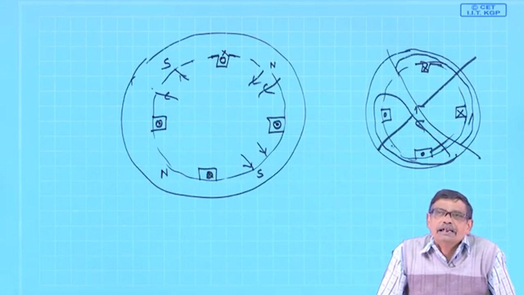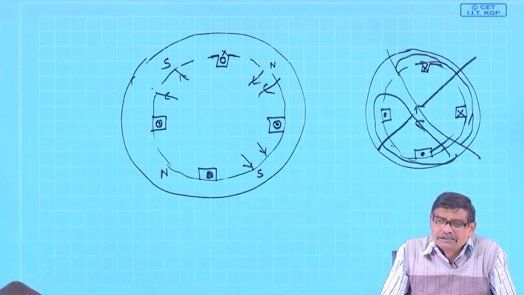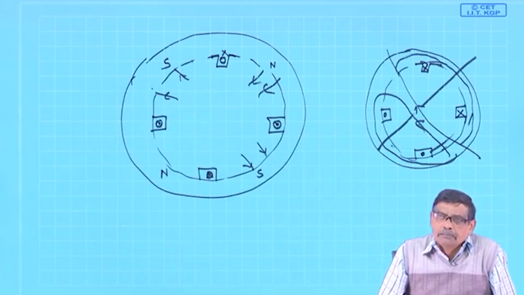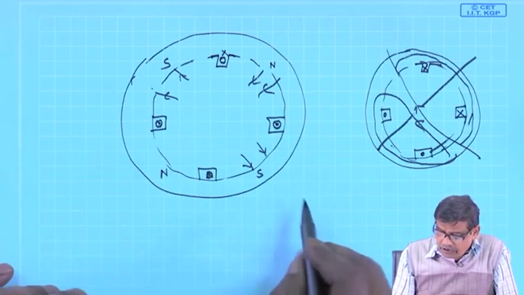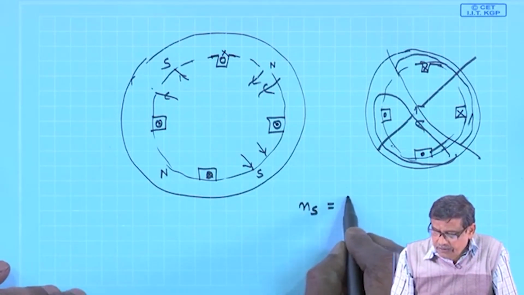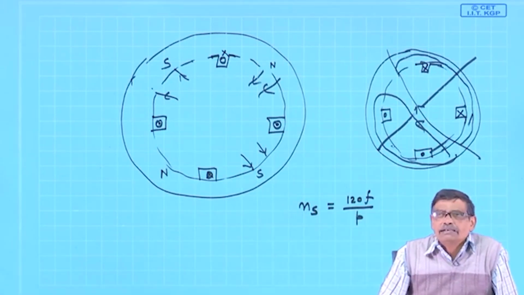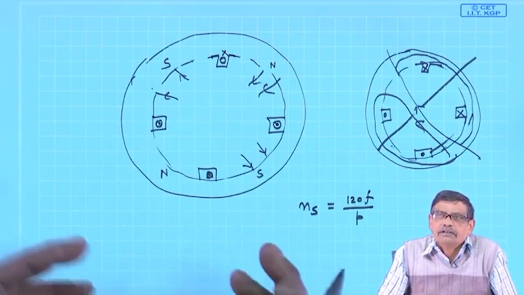This is much more elegant and easier than asking for 2 separate stator coils or one 3-phase stator coil with some extra terminals brought out, which had to be always reconnected in a particular fashion to give different levels of speed. Because ultimately, as I told you, synchronous speed is equal to 120 f by p. So, earlier it looked like supply frequency you cannot control, because it is the bus voltage that we are getting.